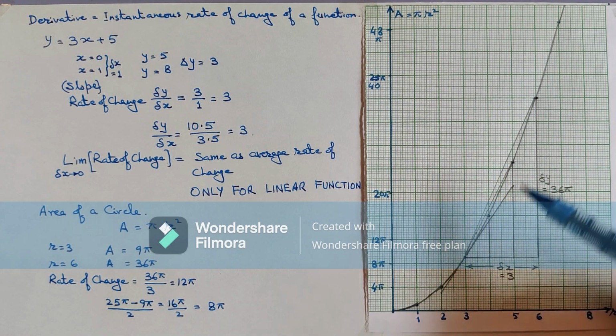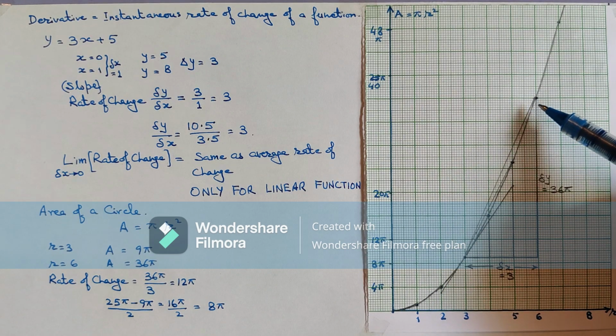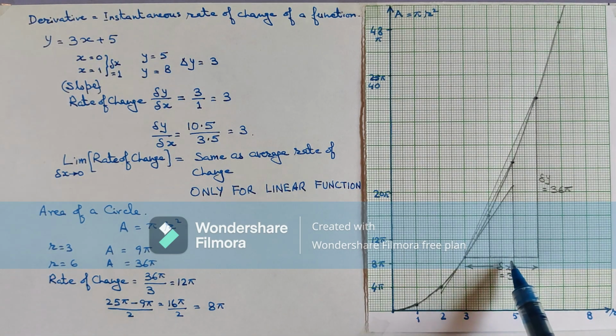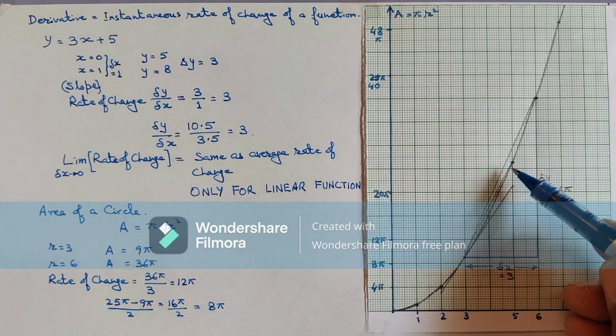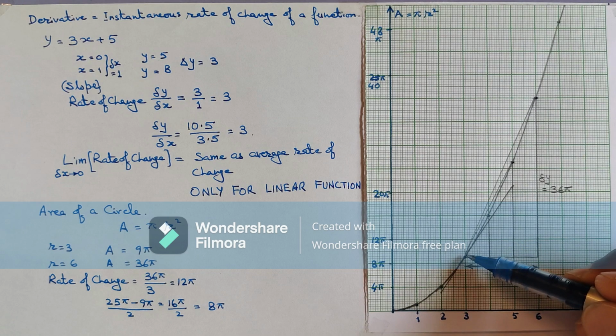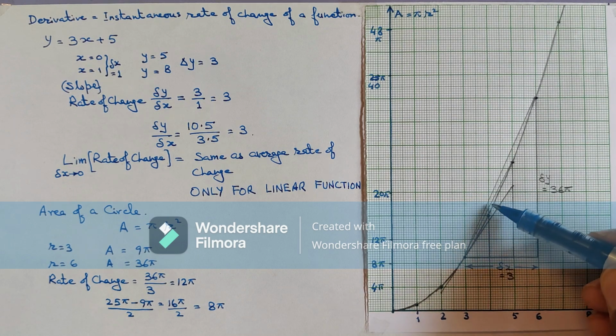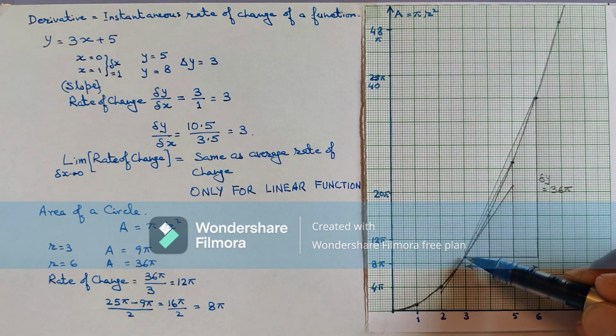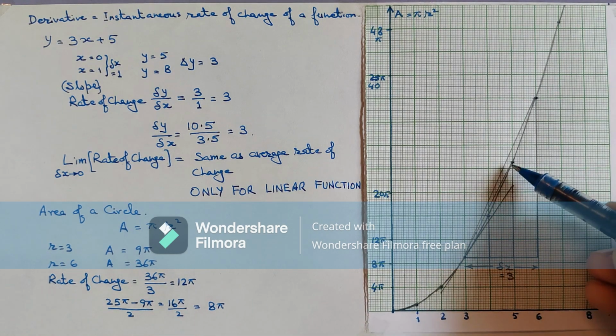The rate of change for the earlier pair of points, which covered a wider gap of delta x, worked out to 12 pi. This pair of points, the rate of change was actually the slope of this little line here in between, not very clearly visible also. The straight line joining this point and this point.